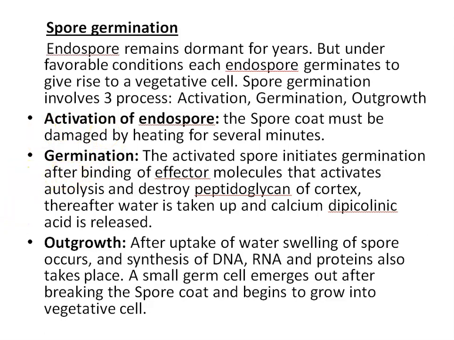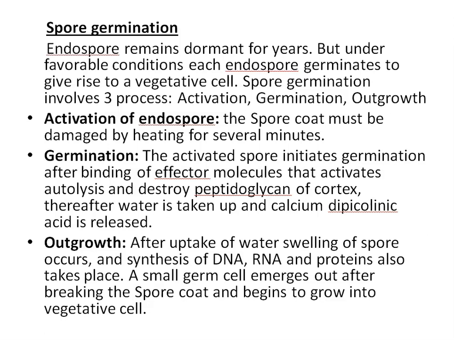The next process is germination. The activated spore initiates germination after binding of effector molecules that activate autolysis and destroy peptidoglycans of the cortex. Thereafter, water is taken up and calcium dipicolinic acid is released. Then outgrowth.